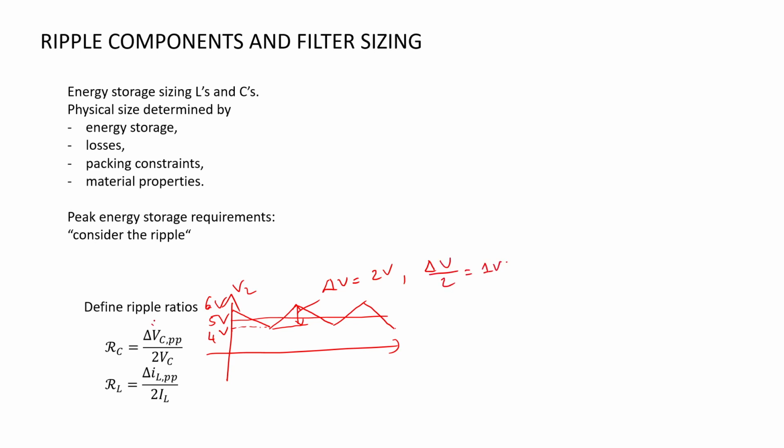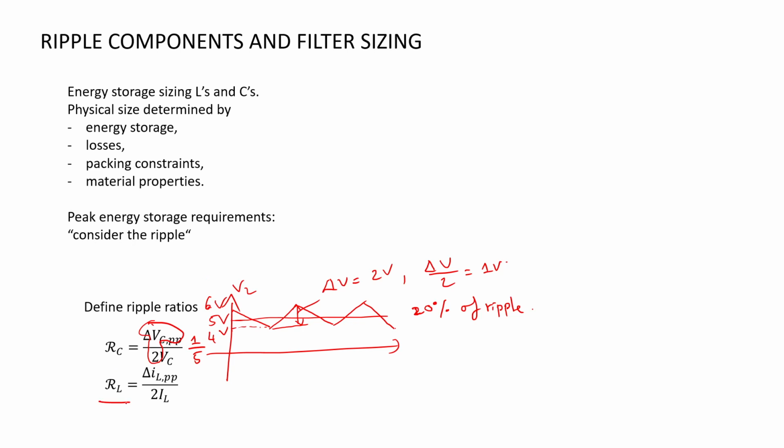So delta VC over 2 is 1 volt, and you have the average voltage VC, or V2, the same. So you have 5 volt here. Then it means you use 20% ripple, 1 over 5. So you decide how much percentage of ripple ratio to choose.